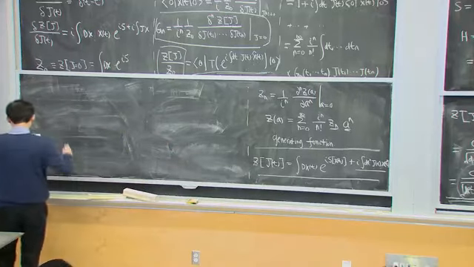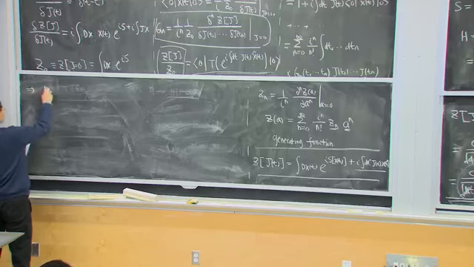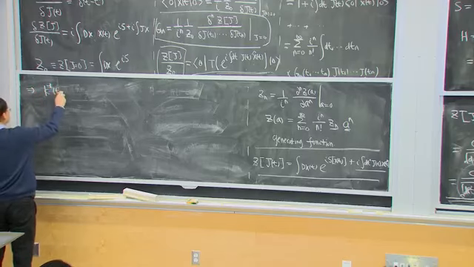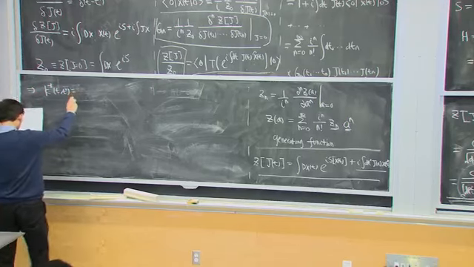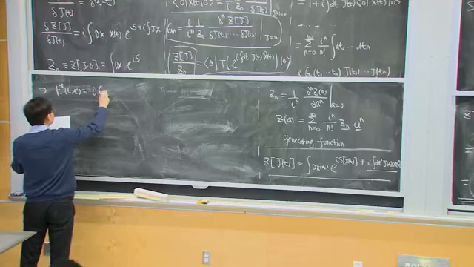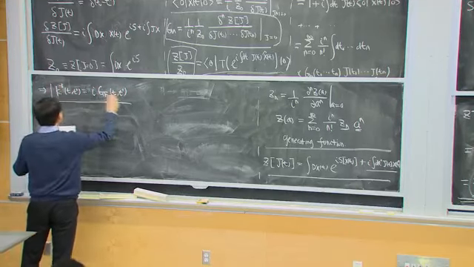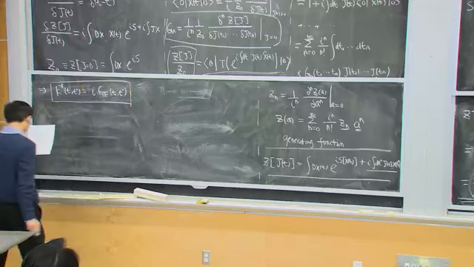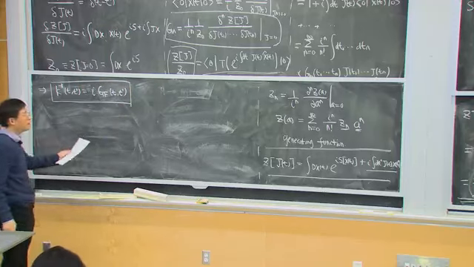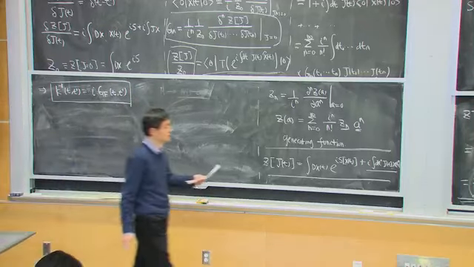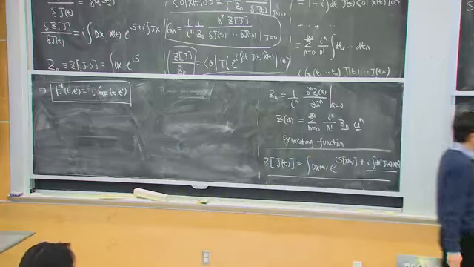So we find that K minus 1, t t prime, is just equal to i G_F, t t prime. So you find that this is just given by G_F.